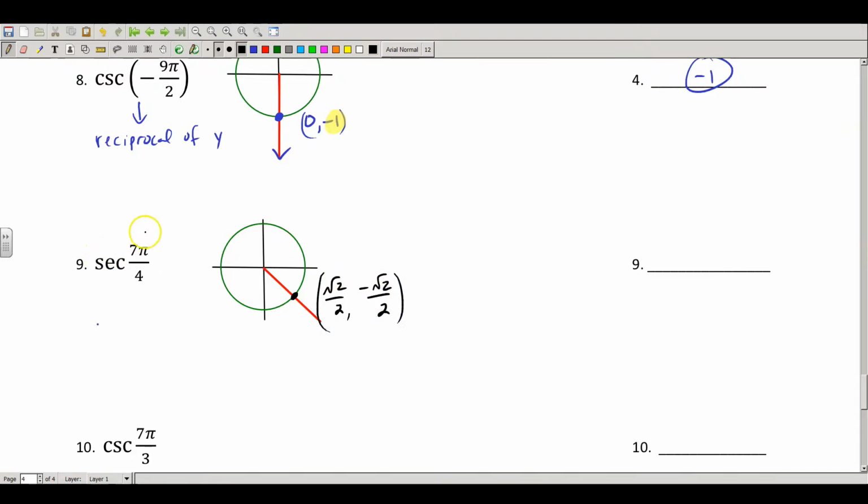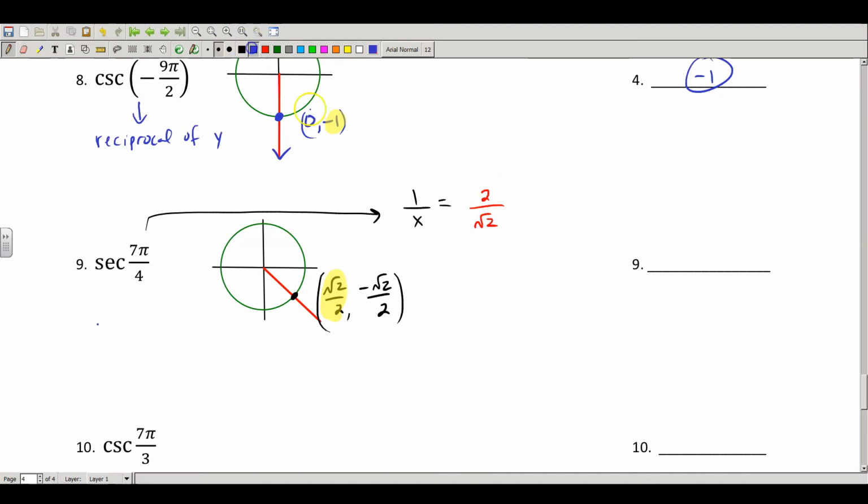And I know that the secant is 1 over the cosine. It's 1 over x. Right? So if I look at the x, it's √2/2. The 1 over that, or the reciprocal of that, is going to be 2 over √2.